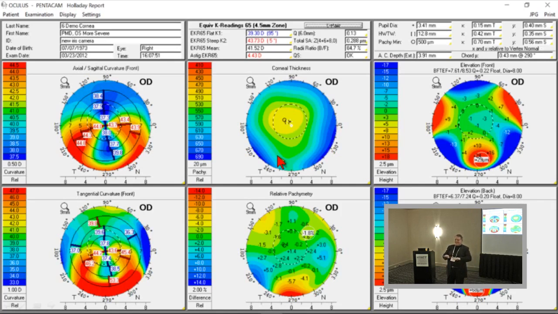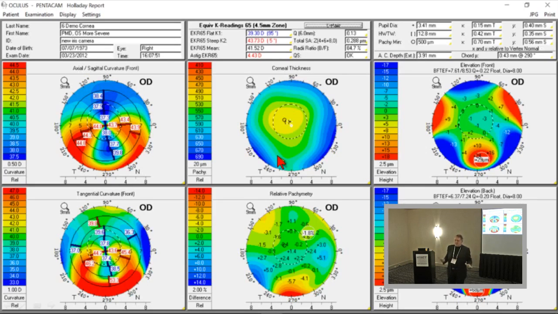So green is 100%. And if it drops down to, say, 80%, then it's thinner than it should be, and it would show a relative pachymetry percentage of minus 20%, because it's 20% thinner than it should be at that point. You see what I mean?